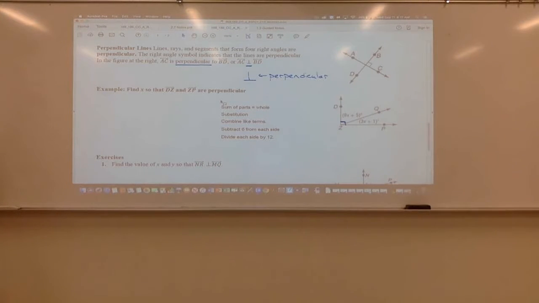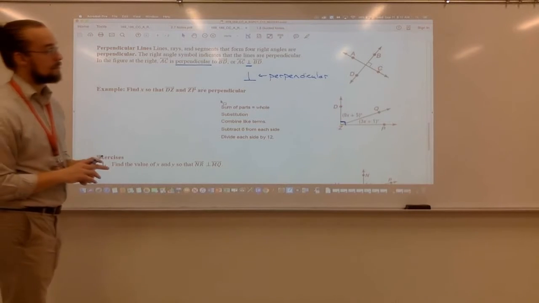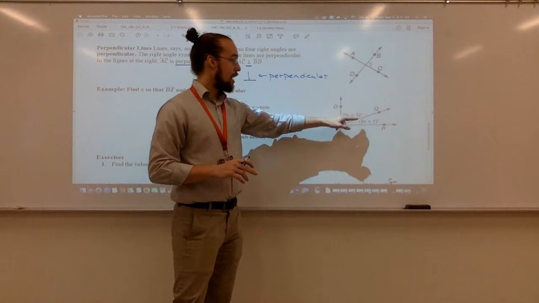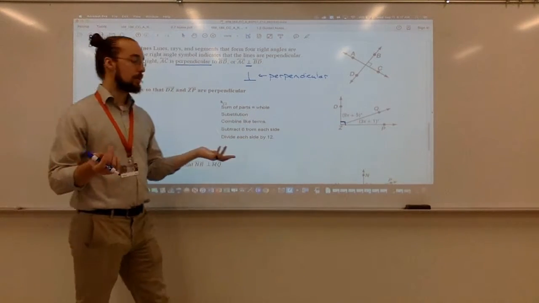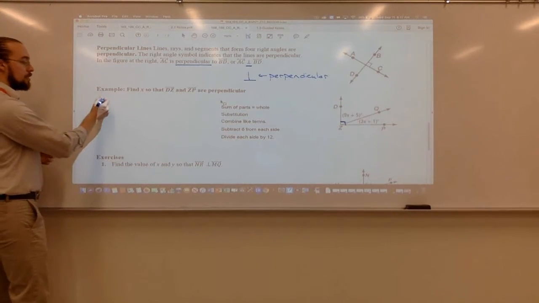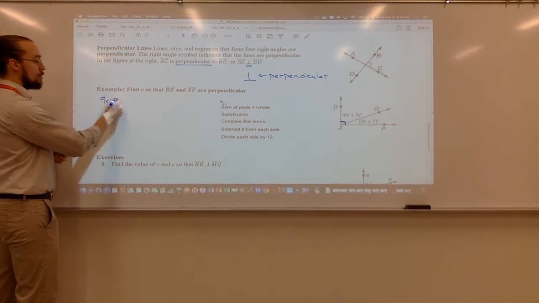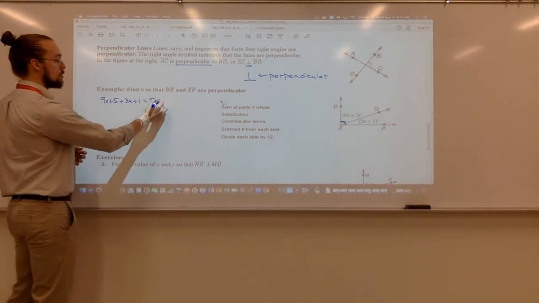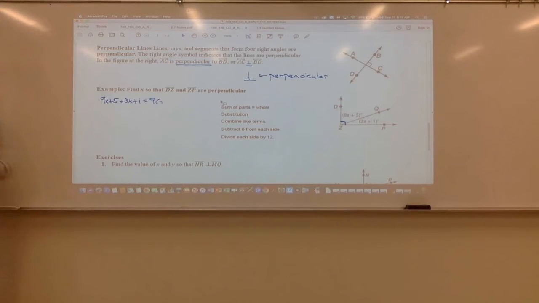Like, 9x plus 5 and then add that to 3x plus 1 equals 90. Yeah, right? We're going to add these two expressions together and set that equal to 90. Right? So 9x plus 5 plus 3x plus 1 equals 90.